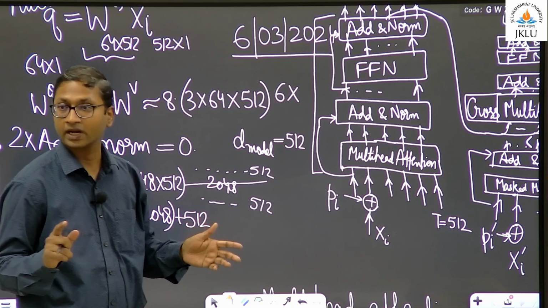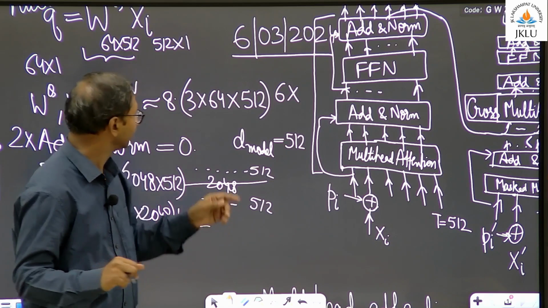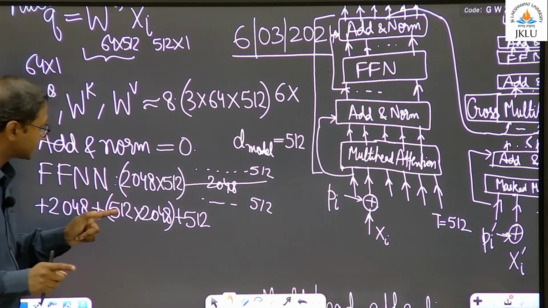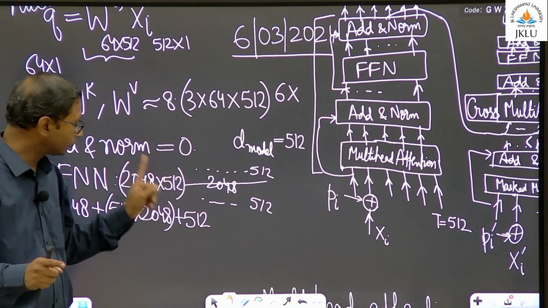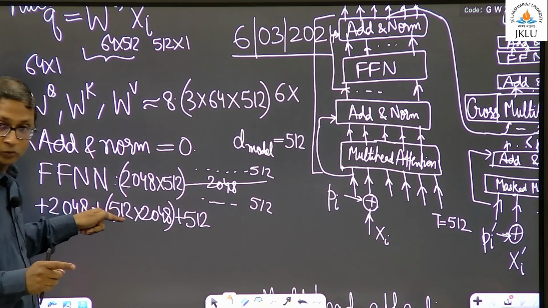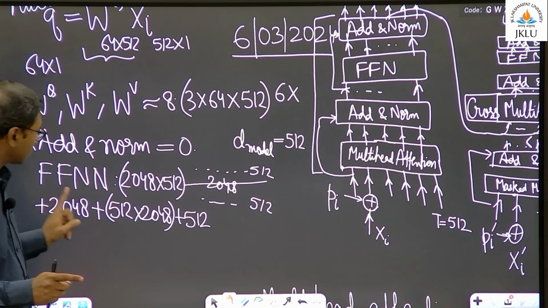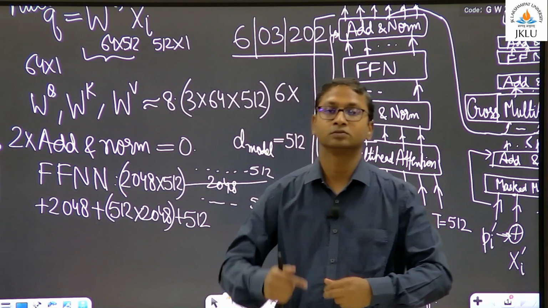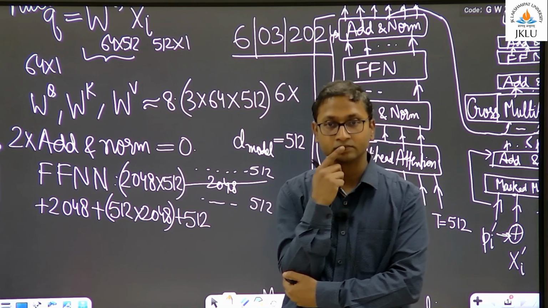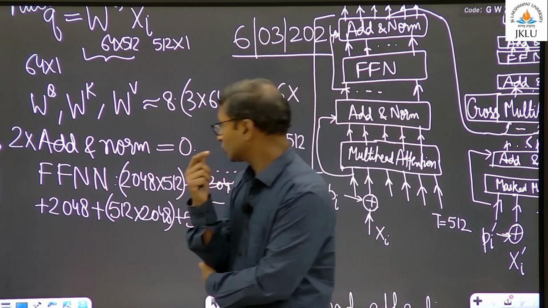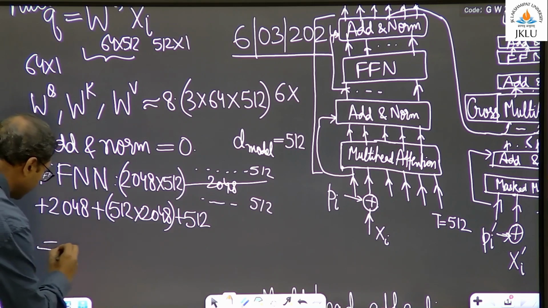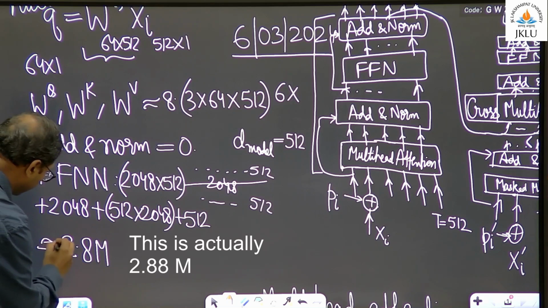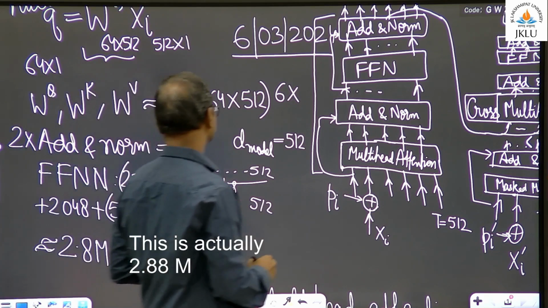Okay? Is someone doing it? Yes. 8 into 3 into 64 into 512 plus 2048 into 512 into 2 plus 2048 plus 512. So, this comes out to be 2.8 million. So, let us just write roughly 2.8 million.